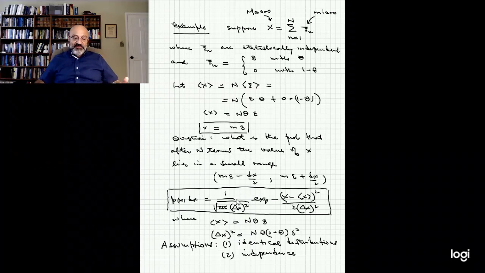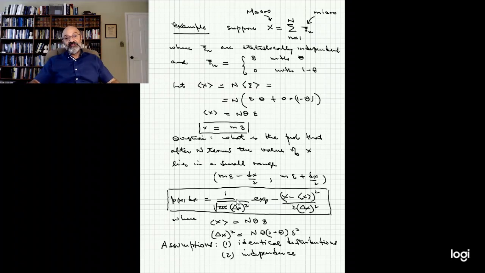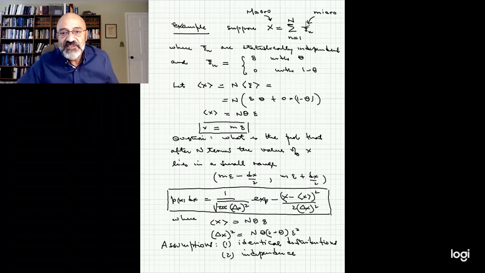So what we're going to show next is the next level of deriving Gaussian distributions: what happens if the distributions are not identical. It turns out to be the case that you still get the Gaussian. And in this derivation, we're going to continue to assume that each one of the variables is independent of all the others, right?